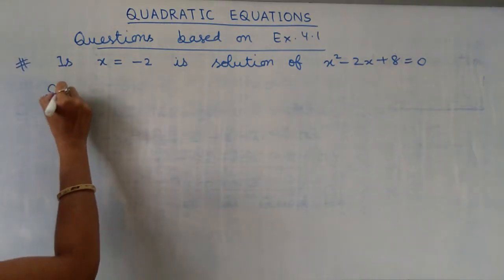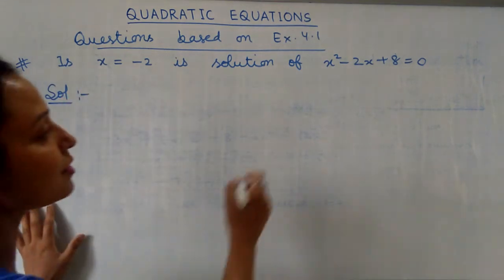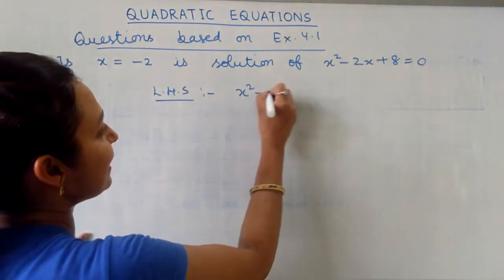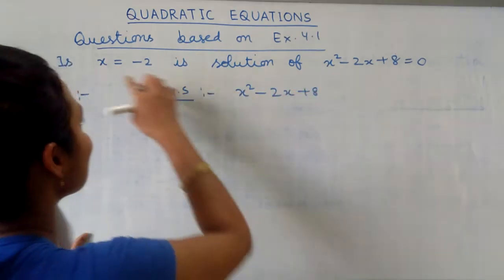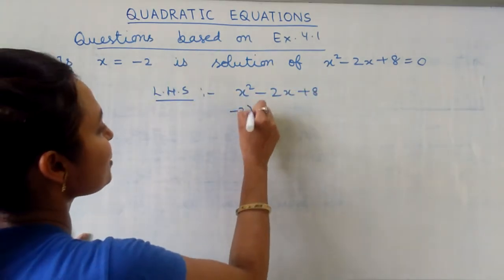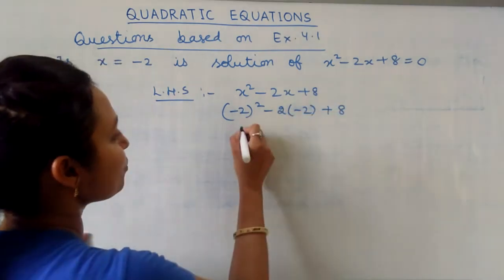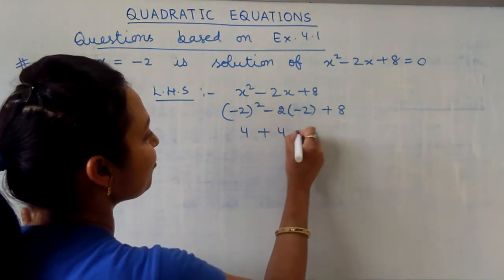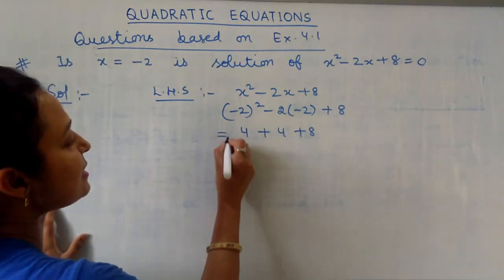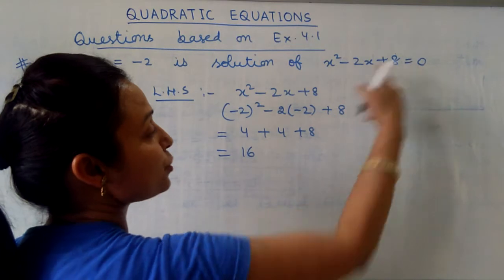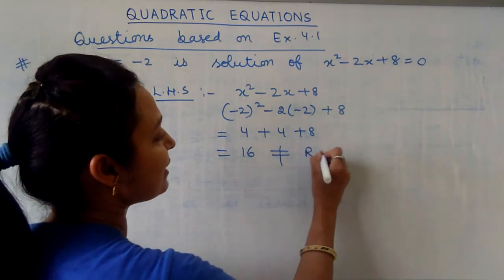So how to check? You all have done this in class 9th also. Take the left hand side, x square minus 2x plus 8. You have to put the value of x. Minus 2 whole square minus 2 into minus 2 plus 8. 2 2s are 4 plus 2 2s are 4 plus 8. 8 and 8, 16. That is not equal to 0. That is not equal to the right hand side.